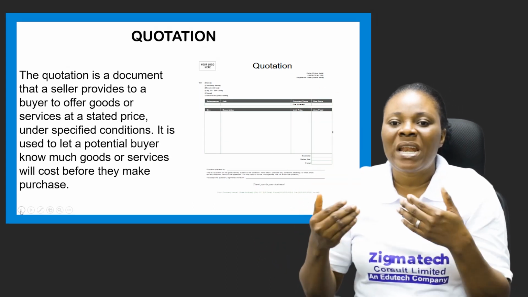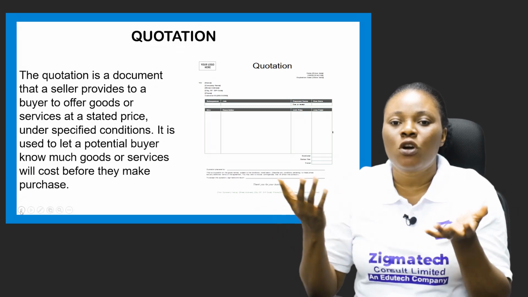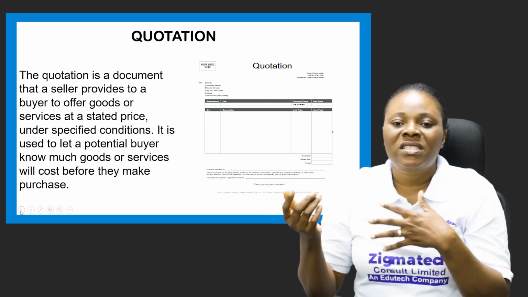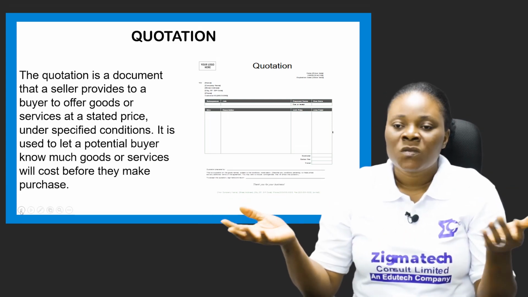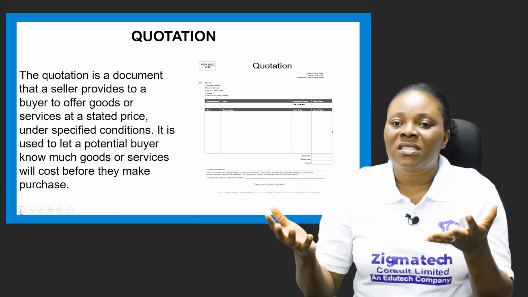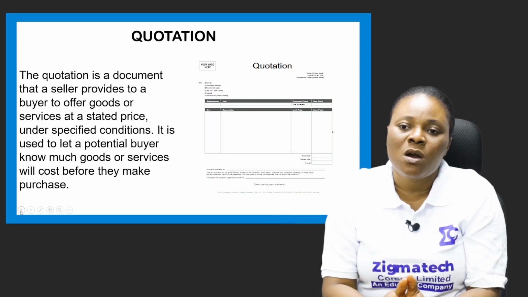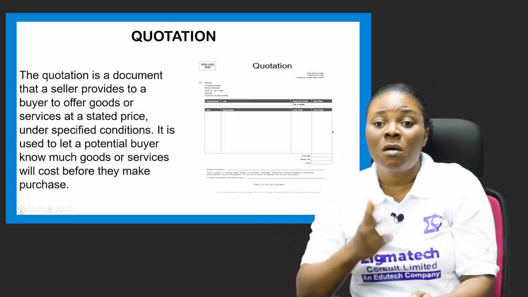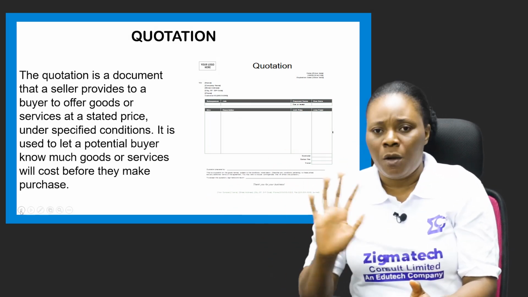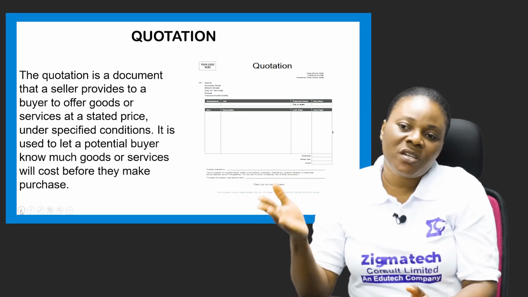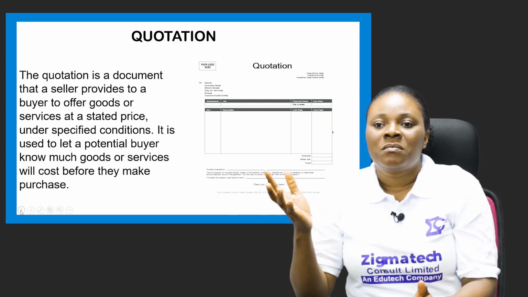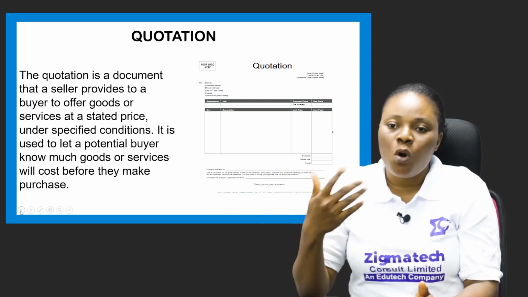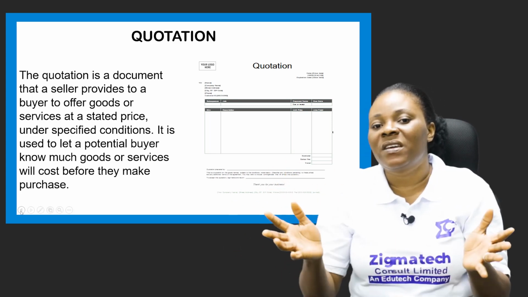So it is used to let a potential buyer know how much goods or services will cost before they make a purchase. All you as a seller need to do is prepare your quotation, and this is done before the purchase of a product. A quotation is prepared and handed over to a buyer for such a person to know what you are capable of giving out.